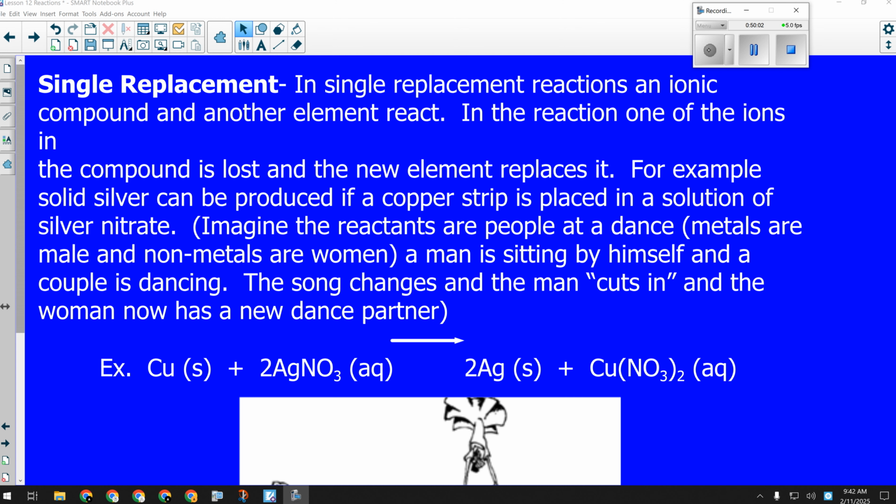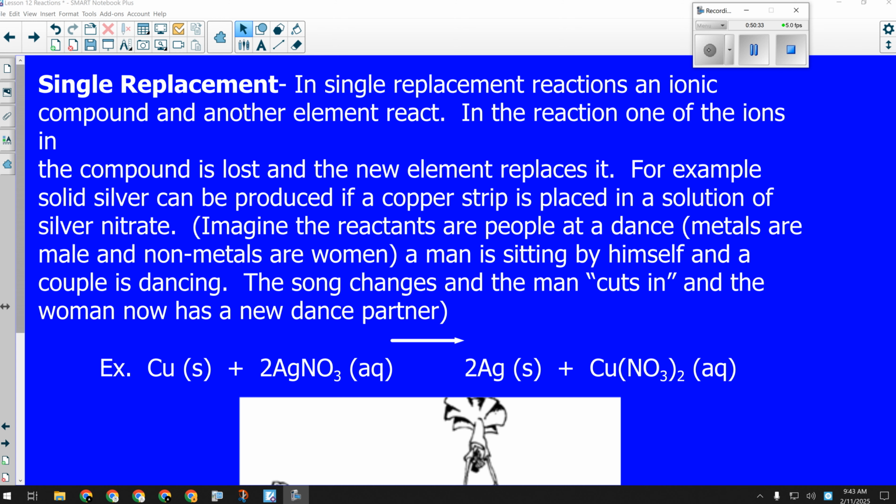Okay? Usually what also happens is, because copper is going from being a metal to being part of an ionic compound, the solution goes from being clear to what color? Brown. Not brown. What color are all copper-containing ionic compounds? Blue. Okay, so over the course of a 24-hour period, the copper will disappear, silver will plate out onto it, and the solution will turn blue.